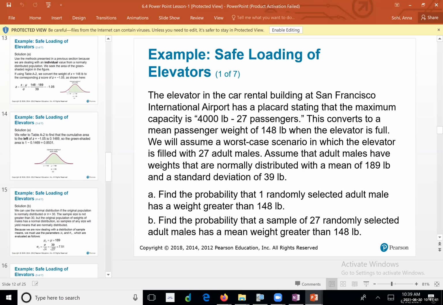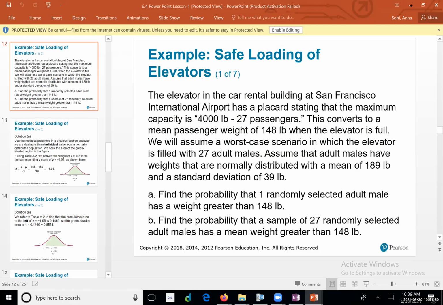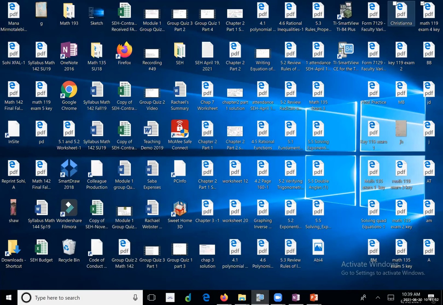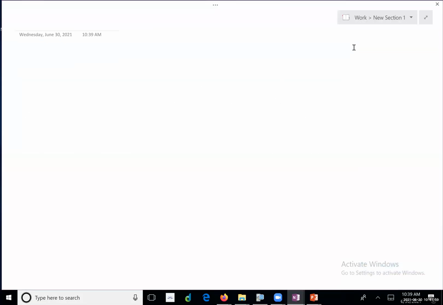Okay, so first, make it bigger. We'll go to OneNote. In the OneNote, I'm going to write it. So you would say sigma.